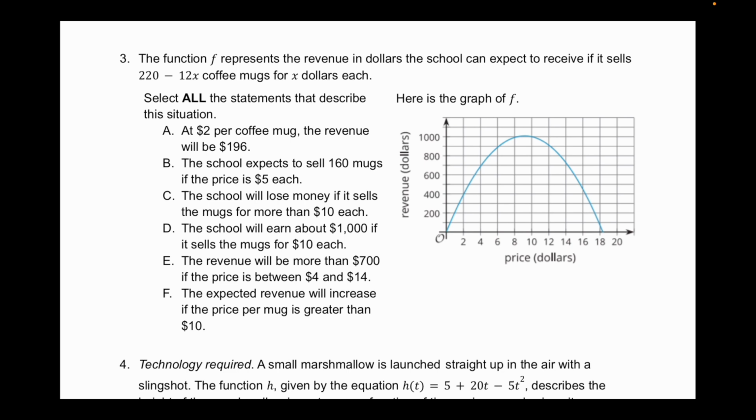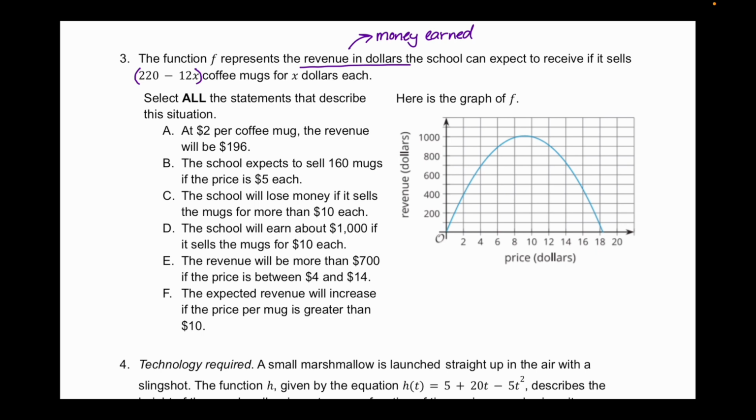Function f represents the revenue in dollars. So another revenue question, that's money that we are earning. Revenue in dollars, so this is money earned or made, that a school can expect to receive if it sells, they're giving us another expression here.